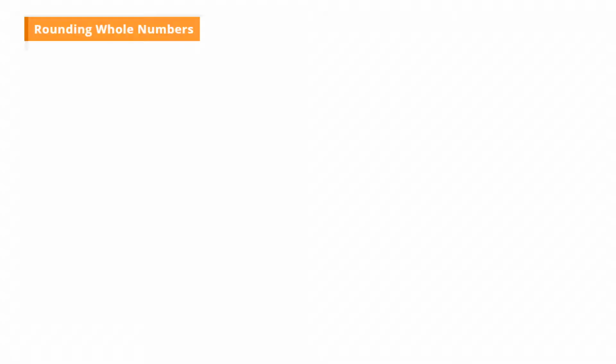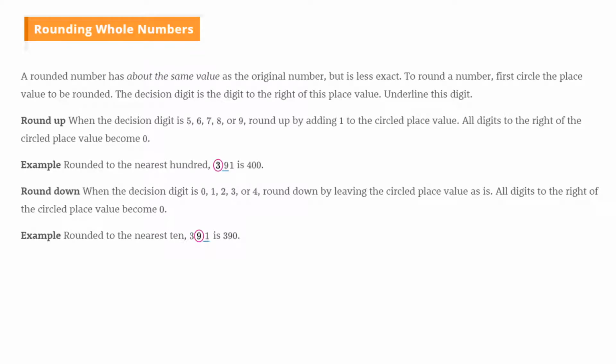If you watched the basic skills test videos, I discussed rounding in them. But we're going to talk about rounding whole numbers here. So when you round a number, you want it to be reasonably close to the number you started with.